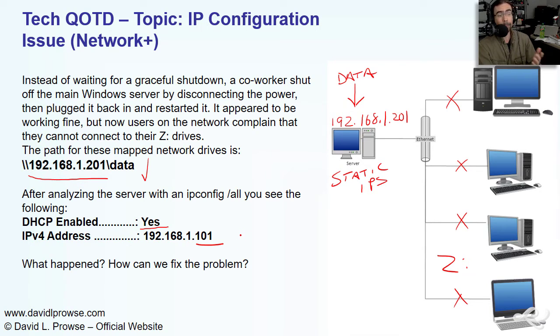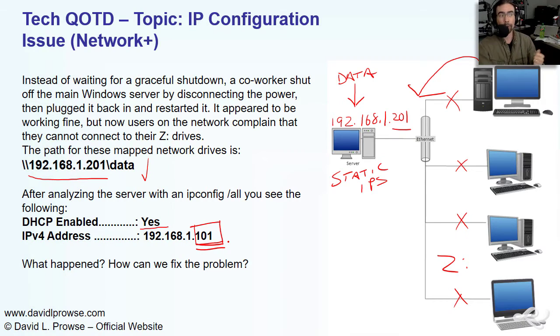But what happened here is this server is no longer using the static IP .201. It's obtaining the address .101. And so when the clients try to connect, they can't see .201. So they can't connect to their Z drive because the server is now using that .101 address.